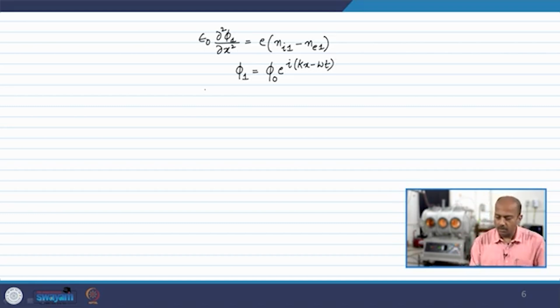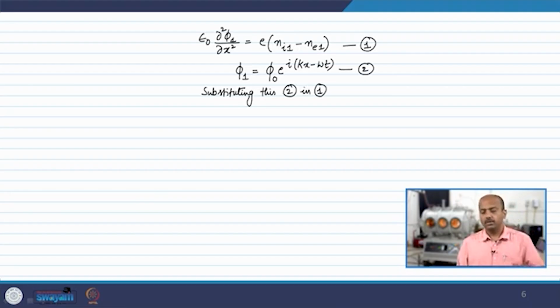Substituting this, let us call this equation 2, and this equation 1. I am writing every step so that you follow the mathematics and it will be easy to understand the implication of these steps.